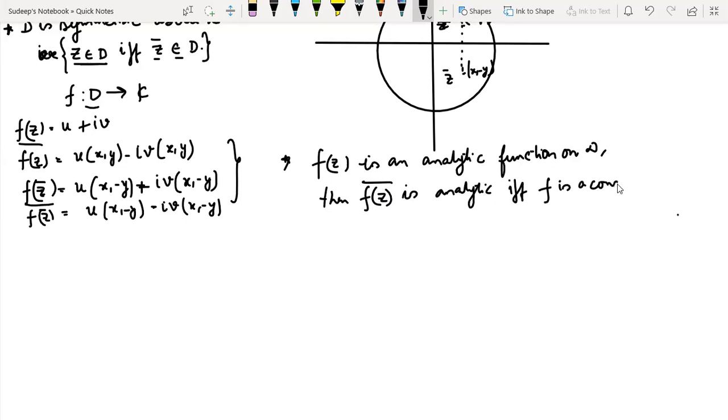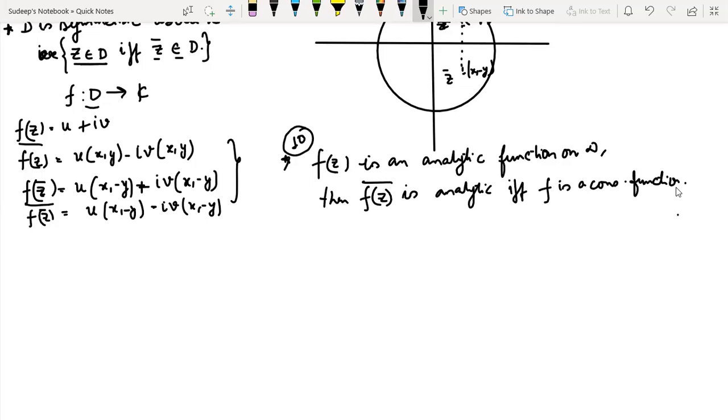So this is like, if f is a constant function. I think this is result number 10, if I'm not wrong. Okay, f is a constant function. So all these results I'm writing in one place and you should be understanding them in greater depth.